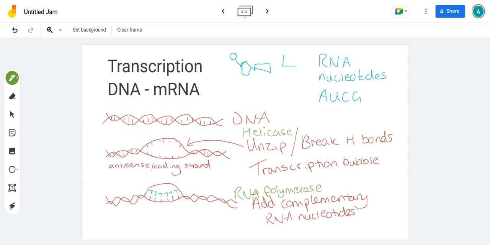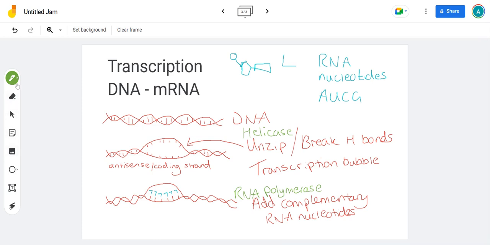Okay, so RNA because it's making a strand of RNA. Polymer means a strand of repeating units. So it's look, nucleotide, nucleotide, nucleotide, nucleotide, definitely repeating units. Ase because it's an enzyme. So RNA polymerase is adding these RNA nucleotides using complementary base pairing between the bases.